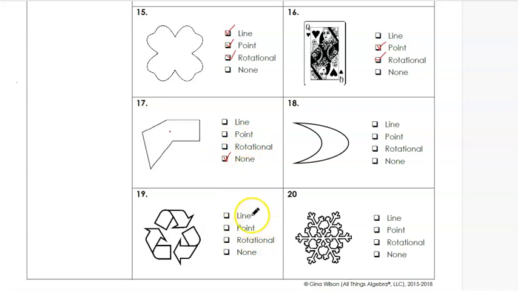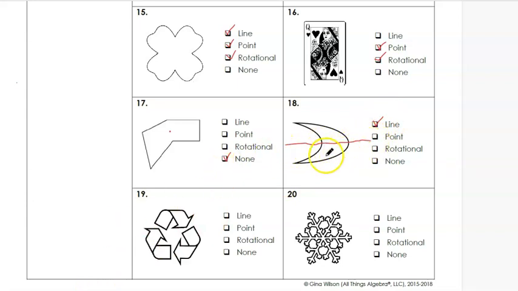All right, 18. Can't accomplish line symmetry with a vertical line, but it is possible with a horizontal line. If I draw a line like this and fold on that red line, then these two sides would match up as we fold. So we definitely have line symmetry.